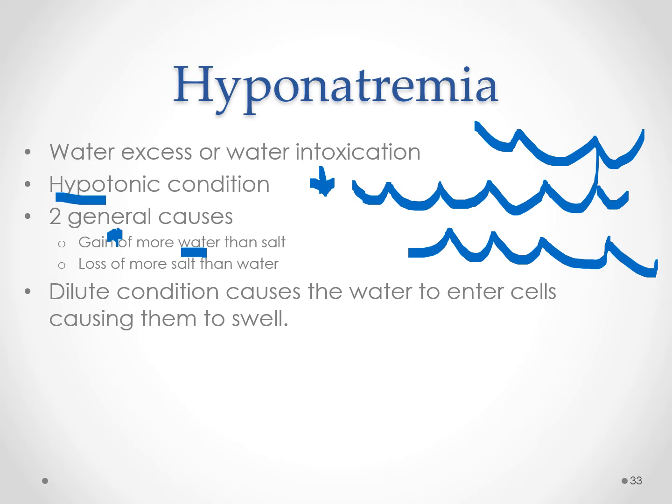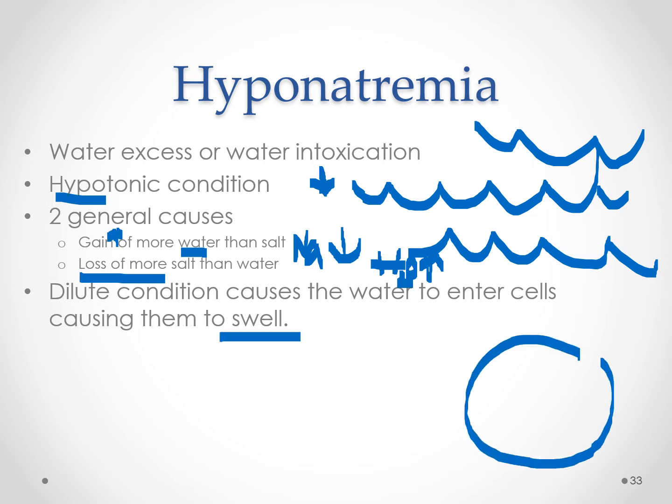The other cause is loss of more salt than water. So Na is lower than H2O. Dilute condition causes the water to enter cells, causing them to swell. So this guy is really, really happy and bloated.